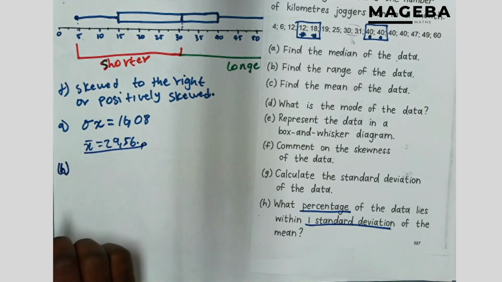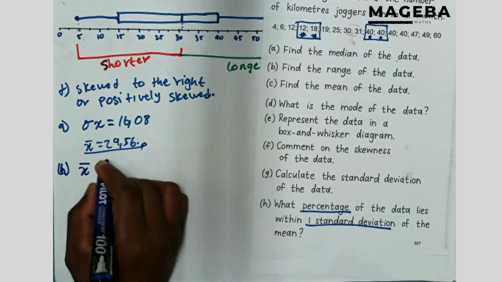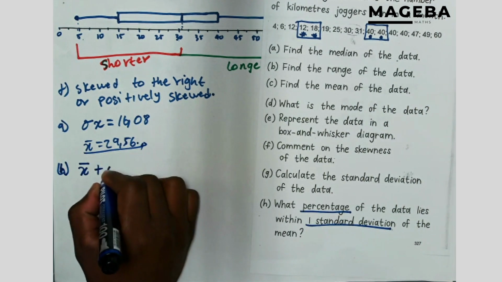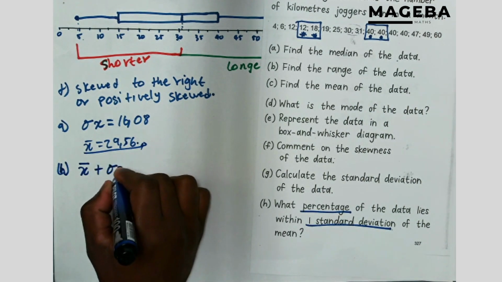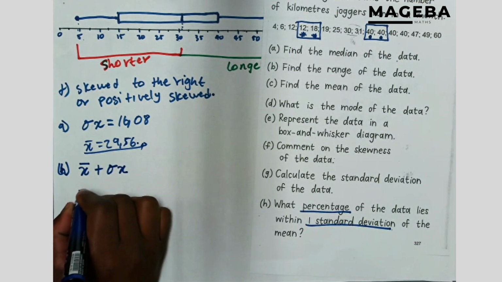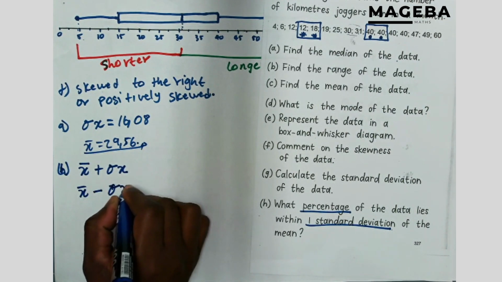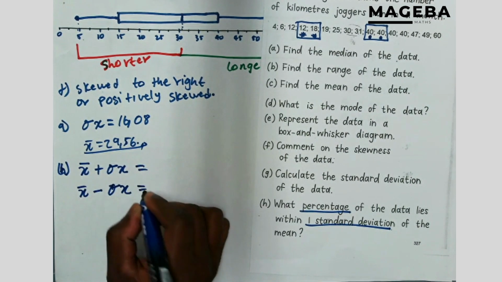Trying to answer D. Now 1 standard deviation, I did a video about 1 standard deviation. If you are looking for 1 standard deviation, it's going to be our mean plus 1 standard deviation, and then also a mean minus 1 standard deviation to find our answer.